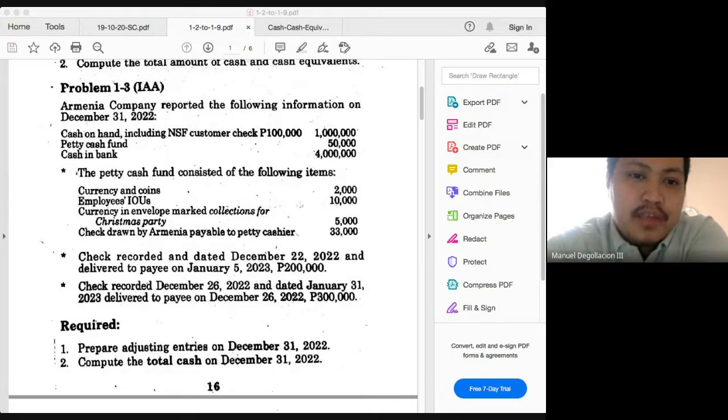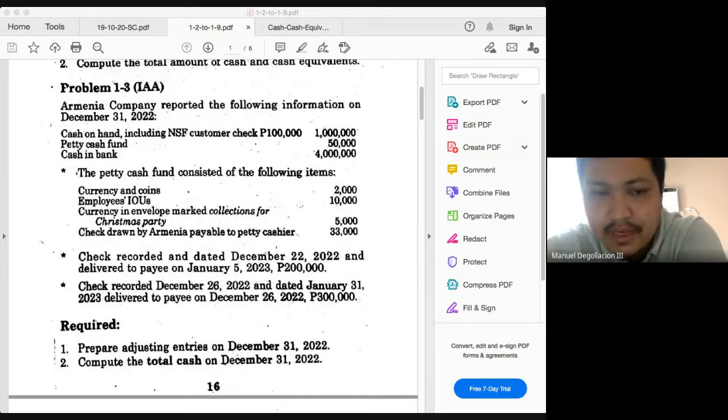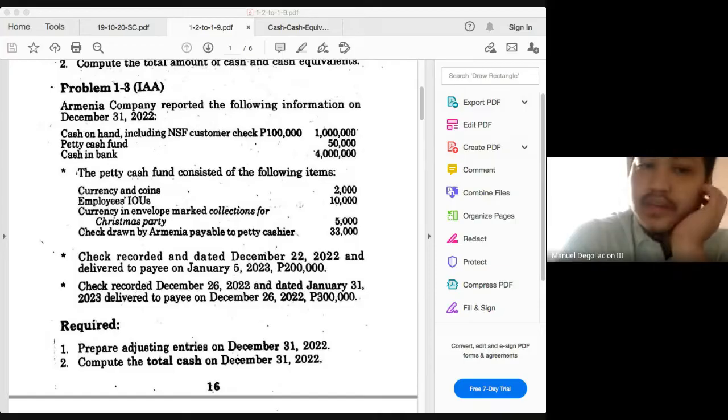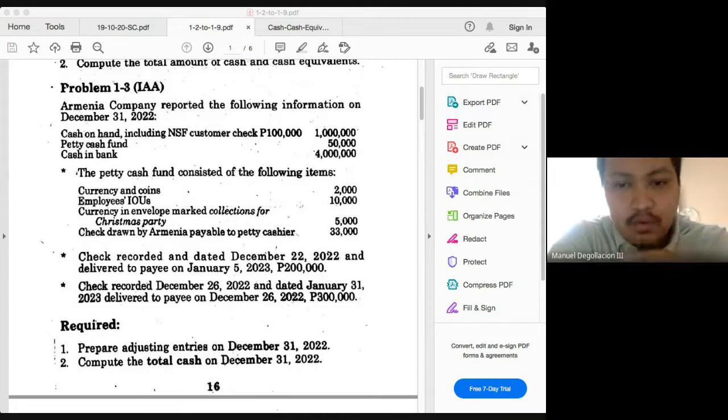So that means the amount represented by the check should not form part of our cash balance. But the problem is it was included in the 1 million balance. So the correct thing to do would be to exclude the 100,000. The 100,000 should be deducted from the 1 million.